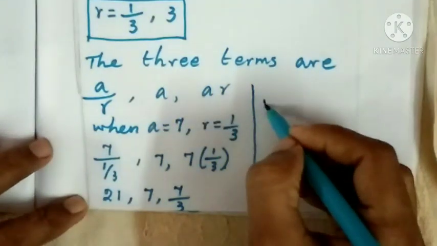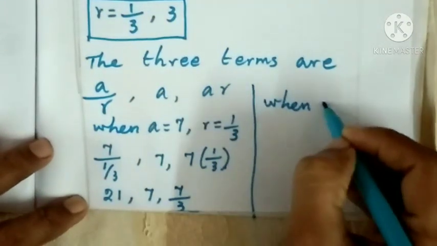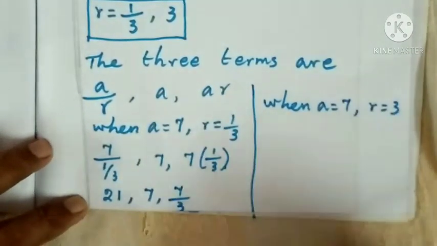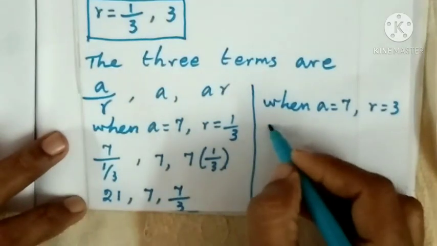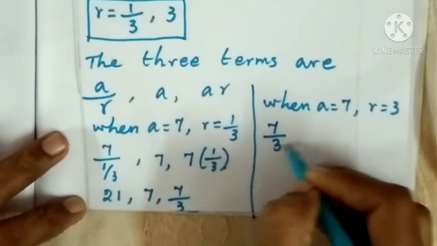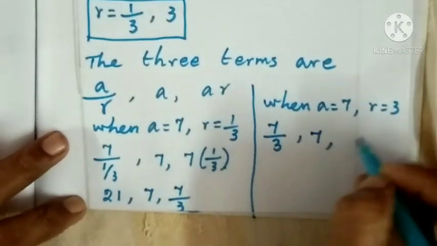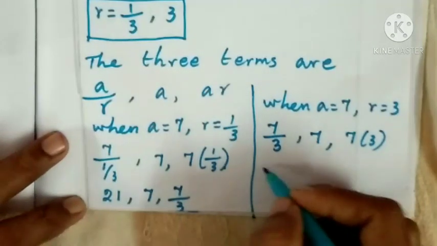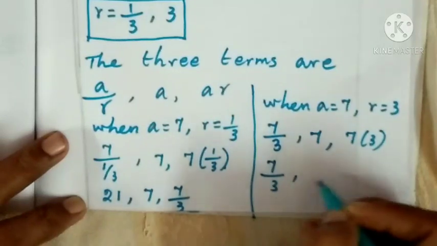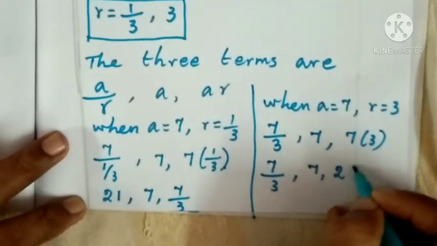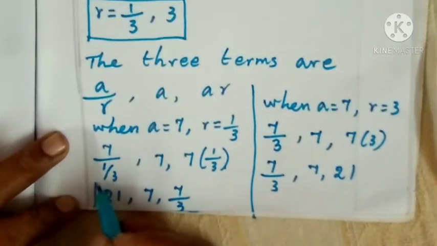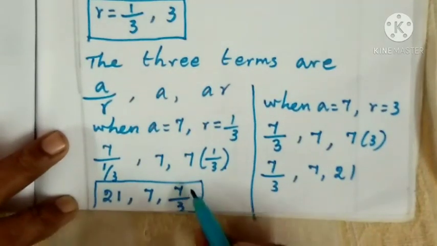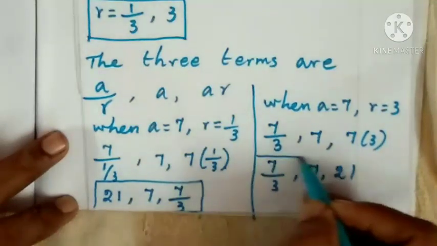Next, when a is equal to 7 and r is equal to 3, that is a by r, 7 by 3, a is 7, ar is 7 into 3, which is 21. Hence, the 3 numbers are 21, 7, 7 by 3.